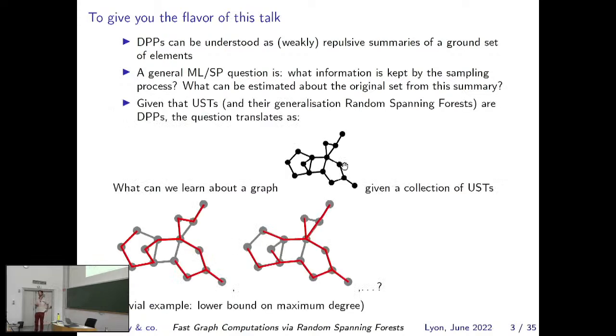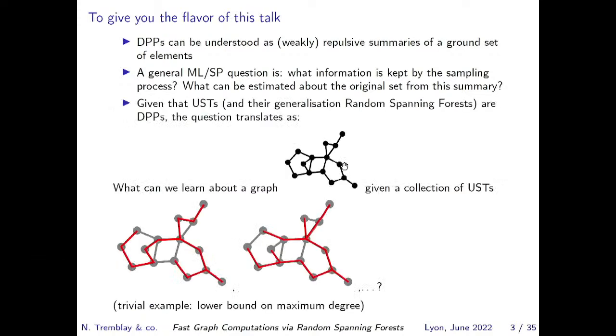When I translate this on graphs, given that USTs and their generalization that I'm going to talk about, random spanning forests, are DPPs, the question translates as: I have a graph here in the middle, and what can I learn from this graph given a collection of USTs? So I draw a few USTs, and I'm interested in what I am able to capture from the original graph.